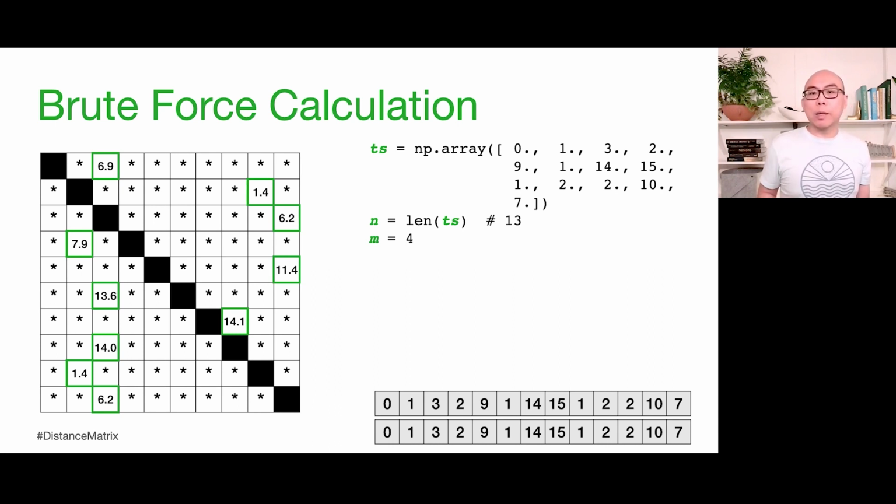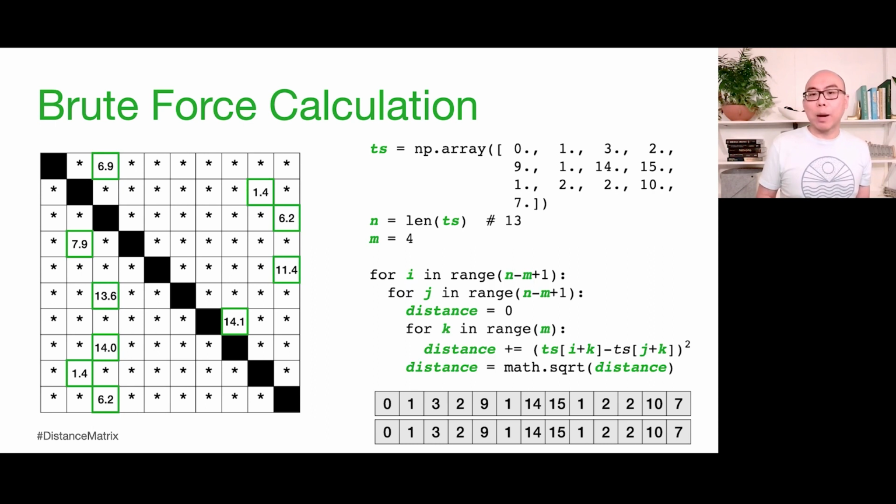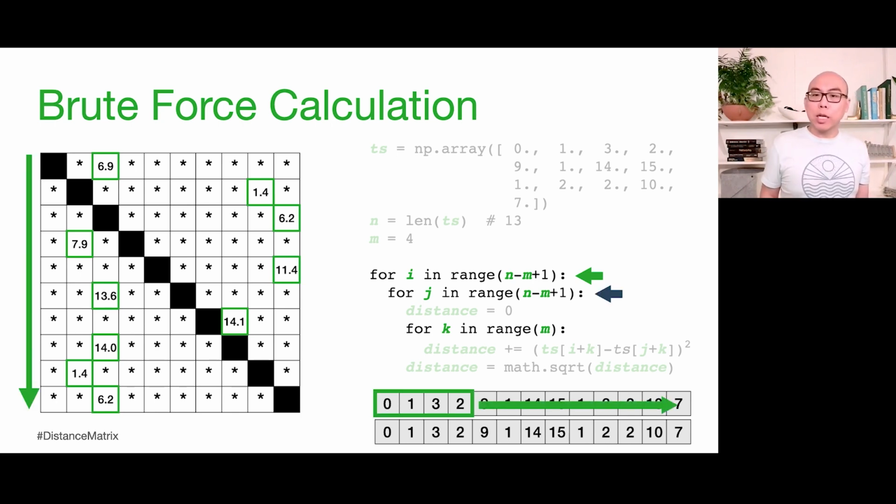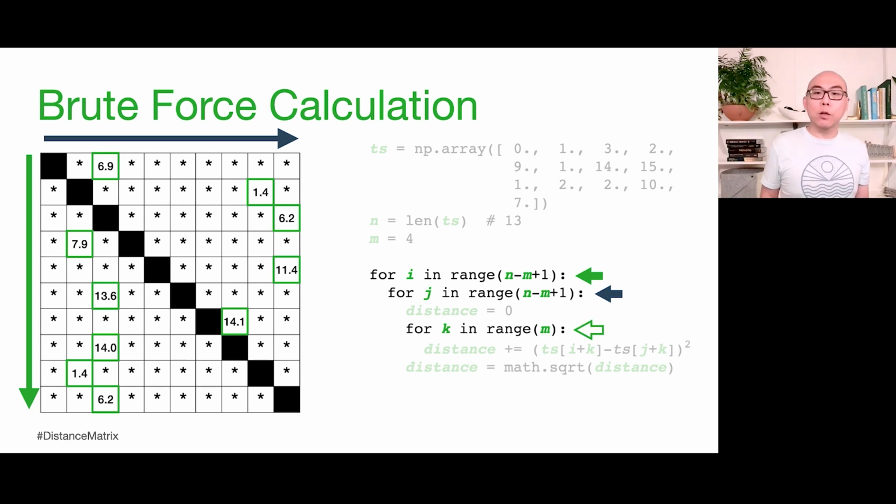Computing the distance matrix actually just requires 6 lines of Python code. Focus your attention on these 3 for loops. The first for i loop corresponds to sliding this green subsequence across. The for j loop focuses on sliding the blue subsequence across as well. And the for k loop is for computing your Euclidean distance.